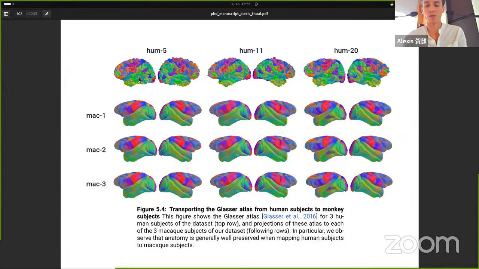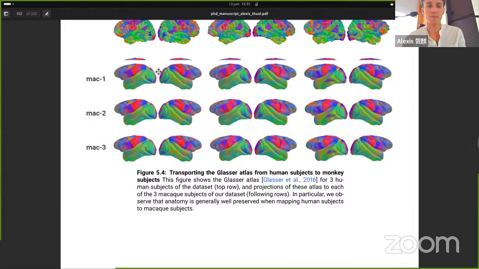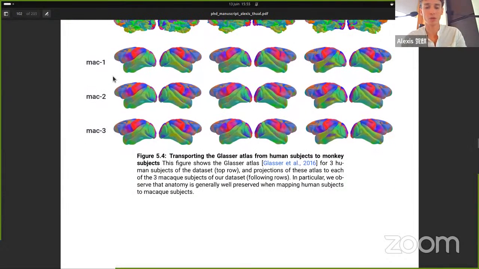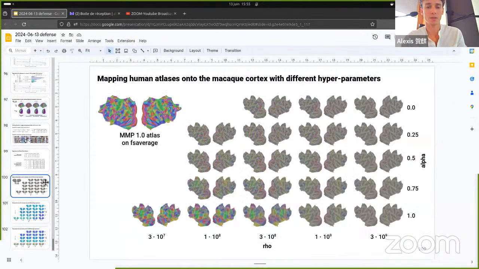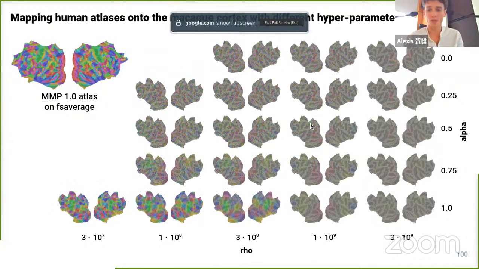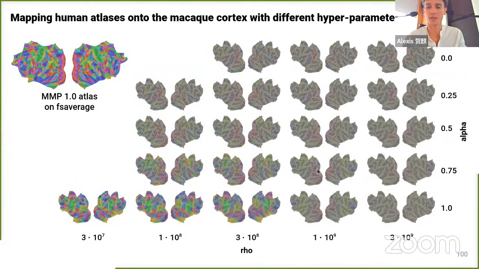However, when we relax this constraint, and I want to show you this image right here, it's a bit hard to see, but I hope you can see that most of the voxels right here are red, comparable to what's happening in the occipital lobe in the human brain.